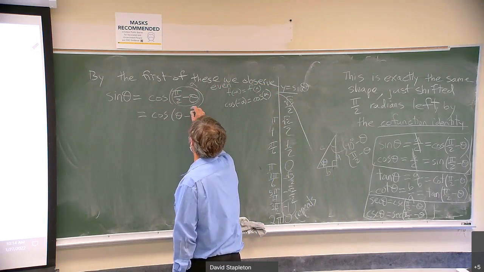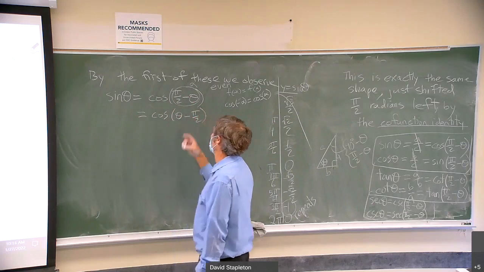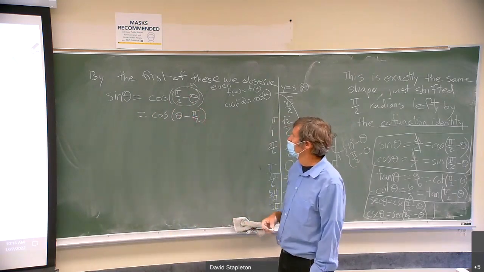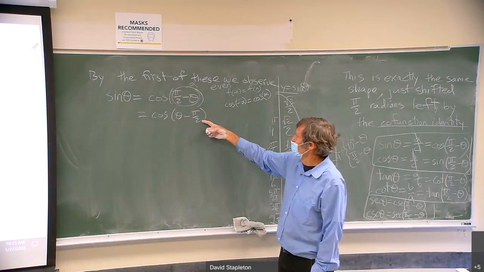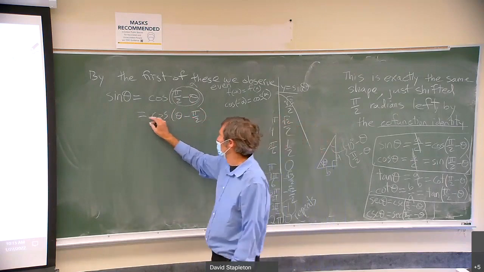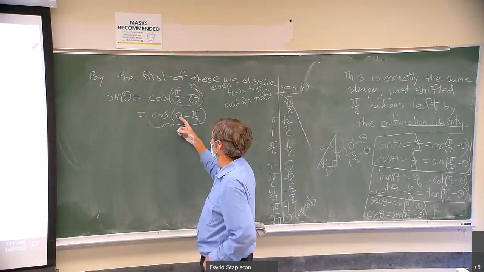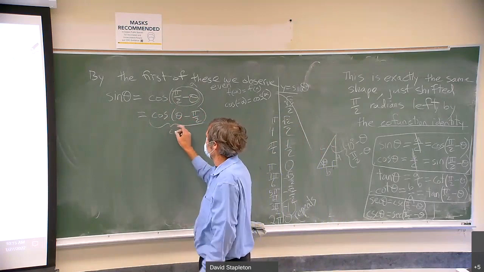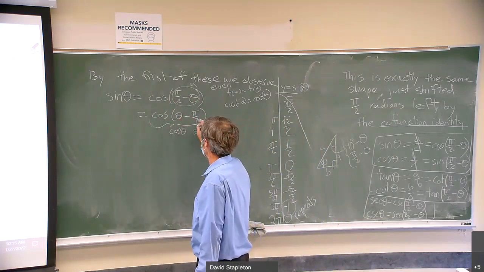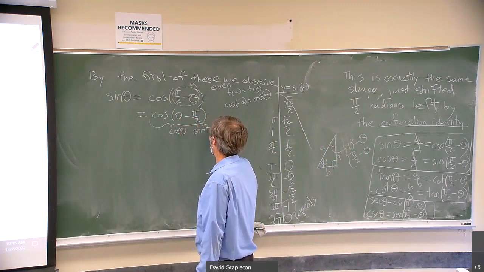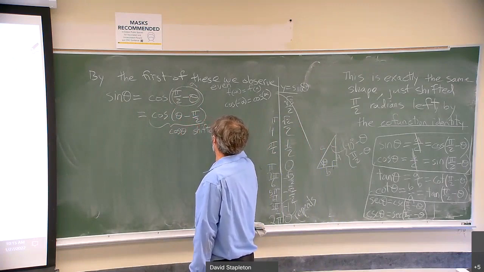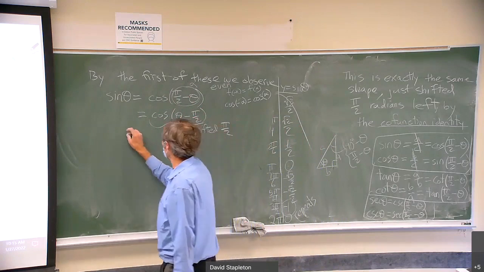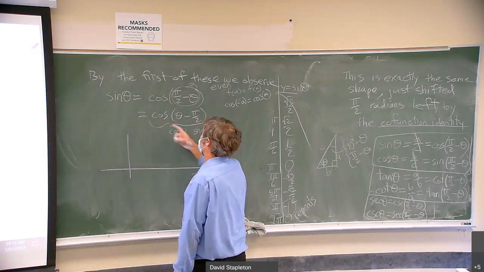But what's this? This is the cosine function shifted by pi over 2, right? You have to make theta pi over 2 greater to get the same cosine value. So this is the cosine of theta shifted pi over 2 units. So that says you can shift the cosine pi over 2 units to sketch the sine.